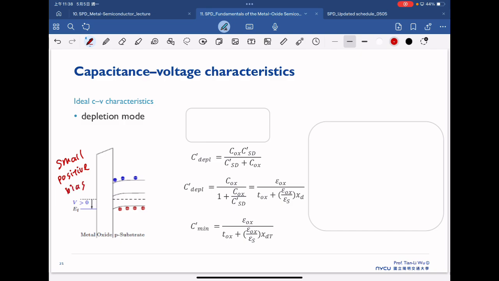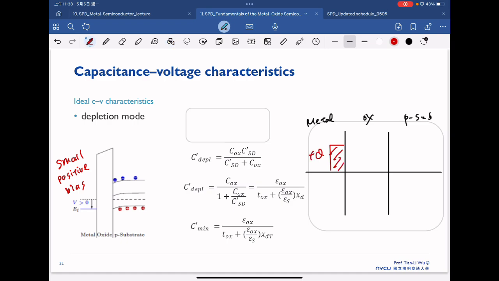In this case, with the same analysis starting from the charge distribution of metal, oxide, and P substrate, now we have positive Q on the metal side, and for sure we start to form the negative space charge in the substrate, with the space charge width of x dt here.